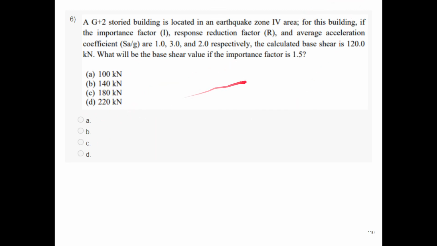Here the calculated base shear is 120 for an importance factor of 1. If the importance factor is increased to 1.5, you also have to increase the base shear, because in the equation of base shear, V_B equals alpha into W, where alpha is Z by 2 into I by R into Sa by g.